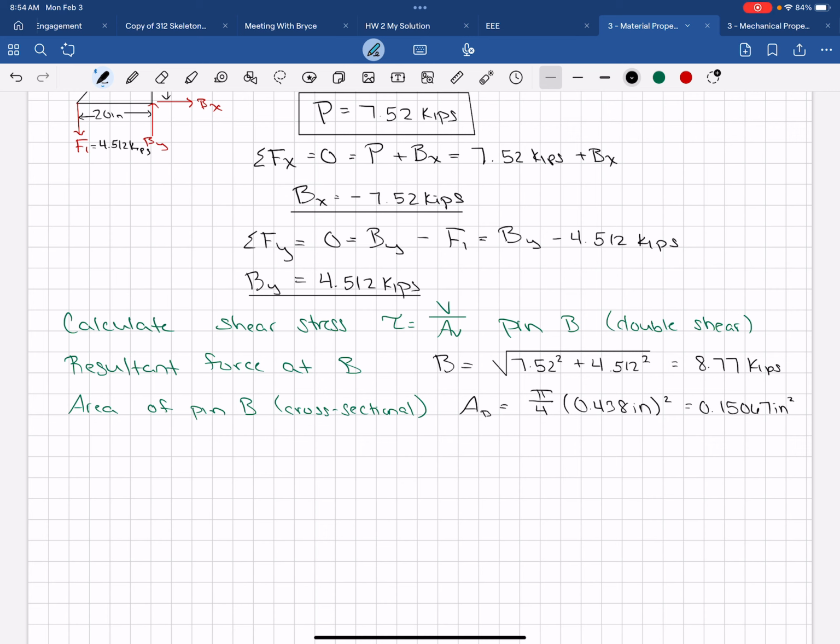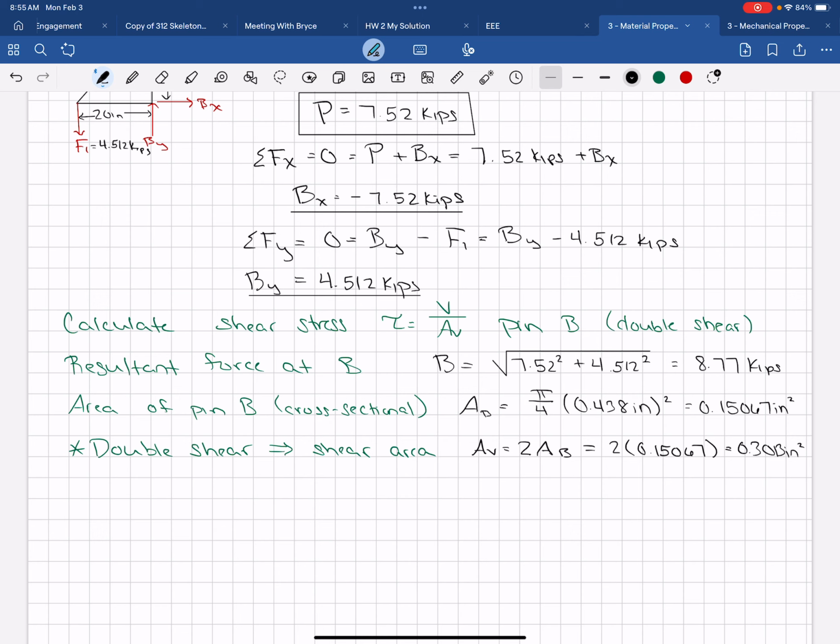Alright, but then double shear, so shear area, which is AV equals 2 times the area of pin B. So this is 2 times 0.15067, and we get 0.3013 inches squared.